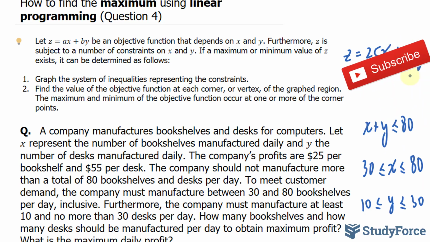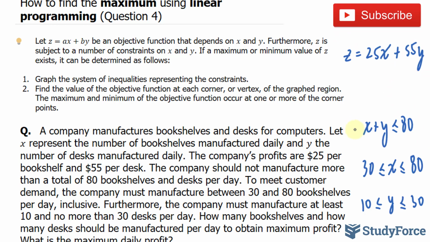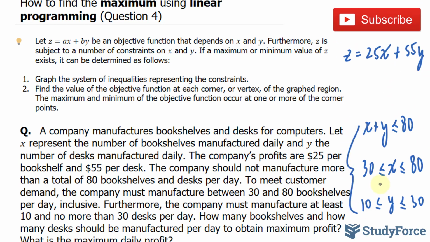Furthermore, z is subject to a number of constraints, and those are mentioned right here. To find the maximum profit, we have to graph the system of inequalities representing the constraints, and then find the value of the objective function at each corner or vertex of the graphed region. So once we graph these inequalities, you'll end up with lines, and those lines will intersect each other.